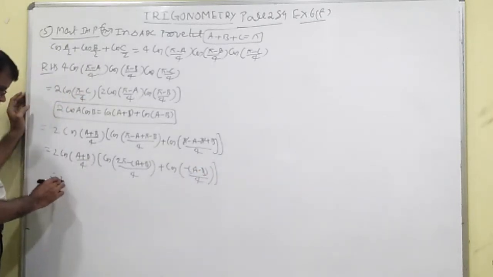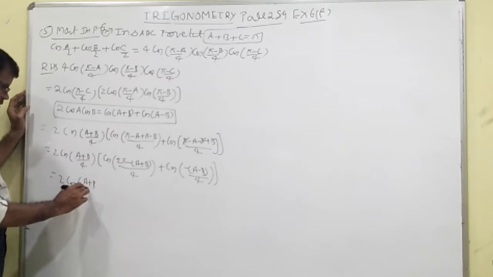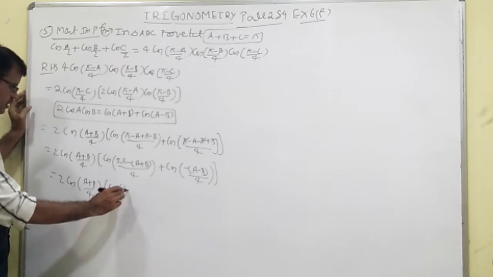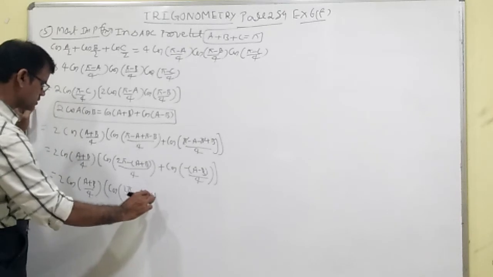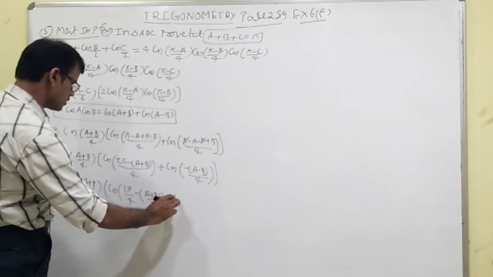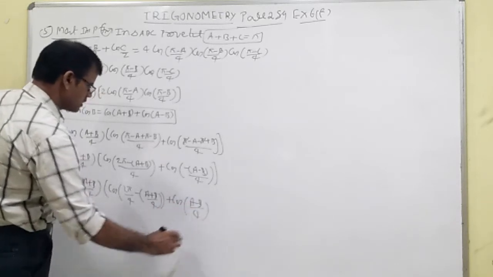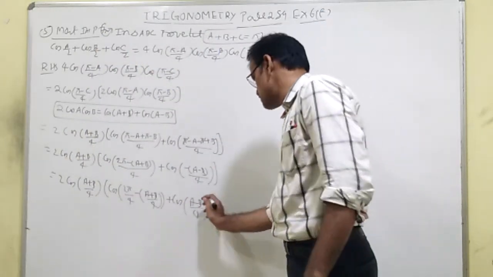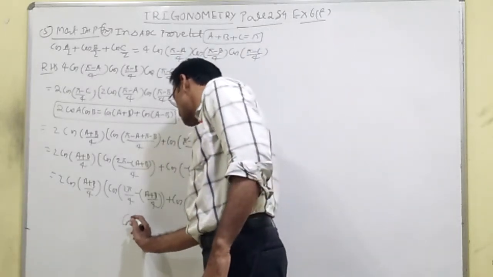That is equal to 2 cos of A plus B by 4 into, write like this, 2 pi by 4 minus of A plus B by 4 plus cos of A minus B by 4. There is no question of minus for cos theta, because cos of minus theta becomes only cos theta; minus cos theta is wrong.